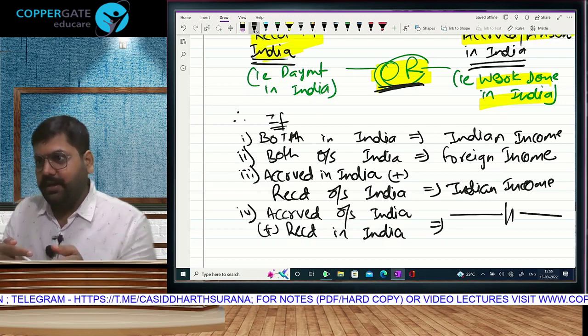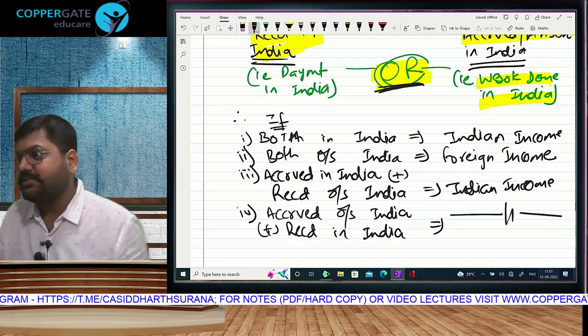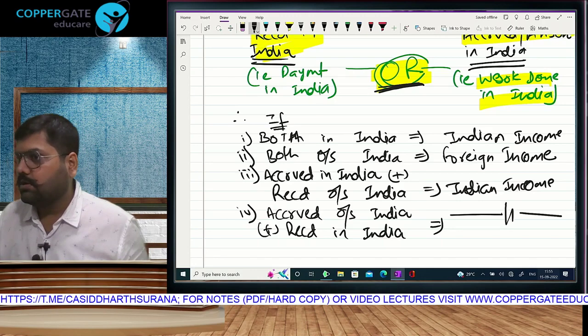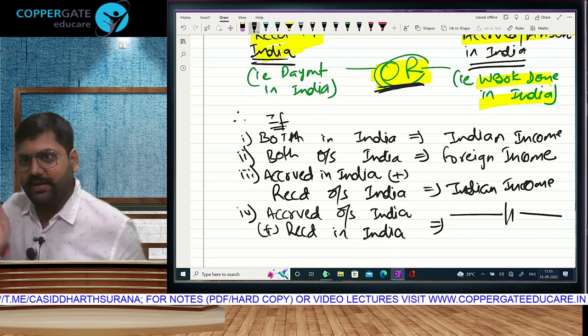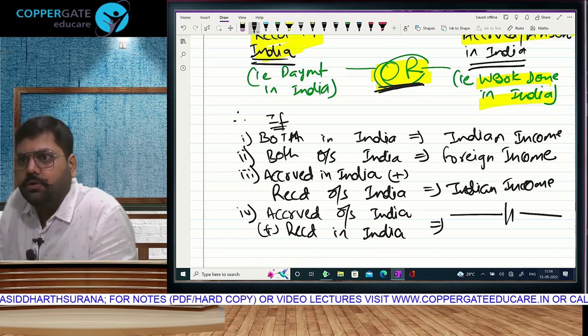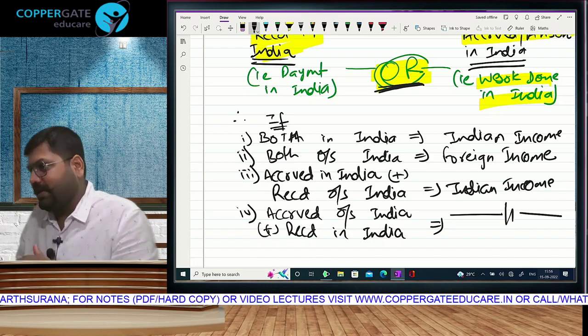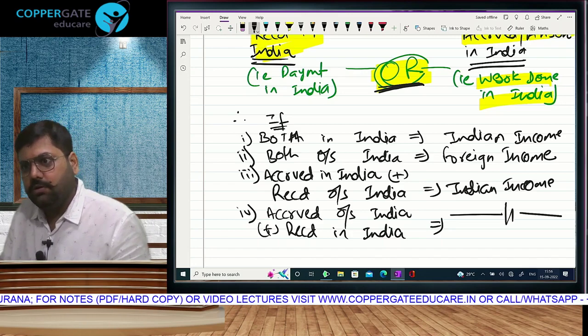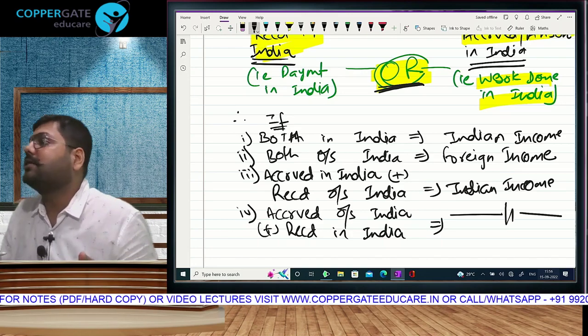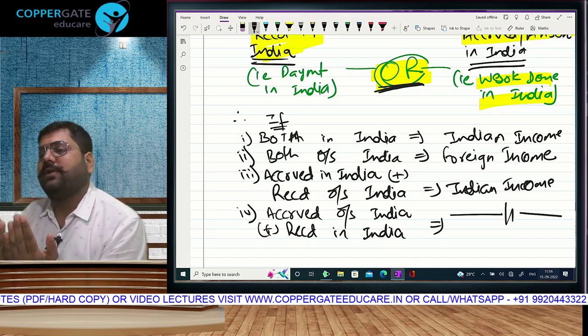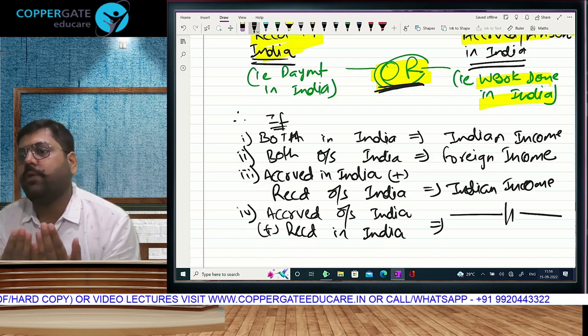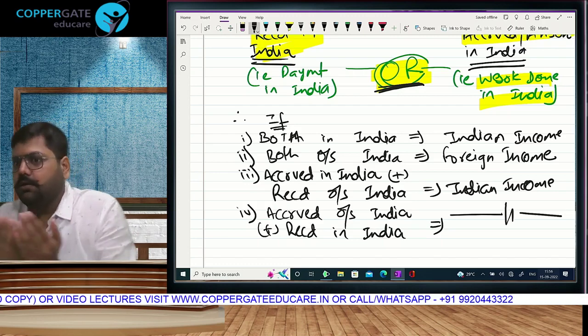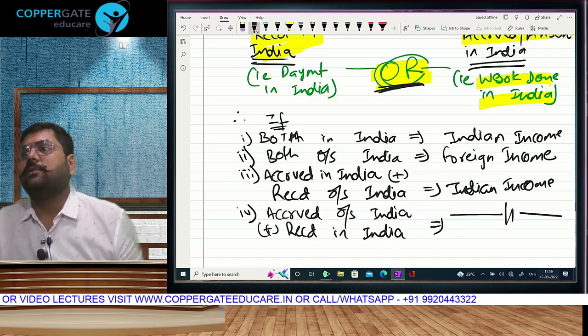Yes, matlab as and when you work, the income gets accrued to you. And finally, when it is accrued, one day it will be paid to you. That payment can happen before accrual as an advance or after accrual. That is not relevant. But the process gets completed when both activities are done. What two activities? Work and paid. Matlab accrual and receipt.